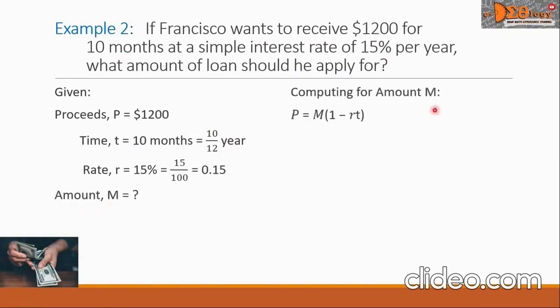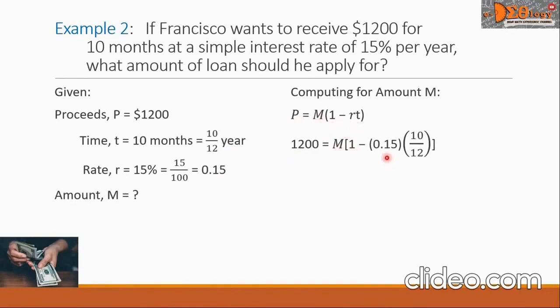Going to our formula, we are now to compute the amount M, and the same formula we are going to use. P equals M times the quantity 1 minus RT. Doing the substitution now, the P now becomes 1,200. M is what we want to know. We will just copy. 1 is a constant, then minus the product RT.